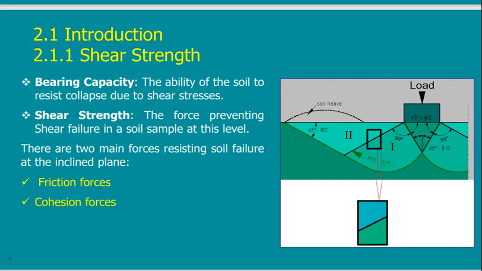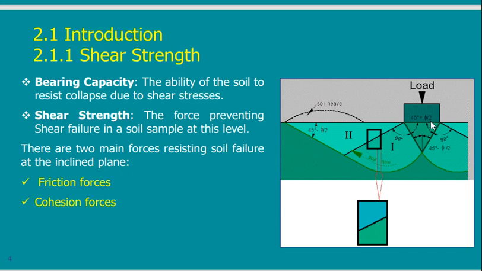So what happened is that in the early days of geotechnical engineering, scientists proposed to try to simplify any geotechnical problem into something that we can deal with. So they said that for this case, you have a load here.